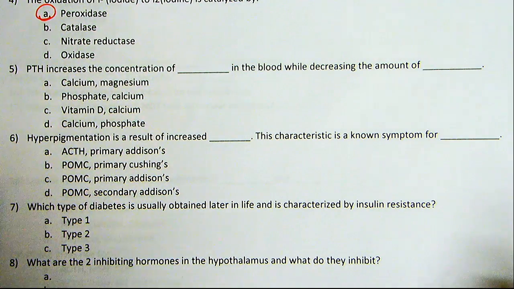Okay. So number 5, PTH increases the concentration of calcium in the blood while decreasing the amount of phosphate.